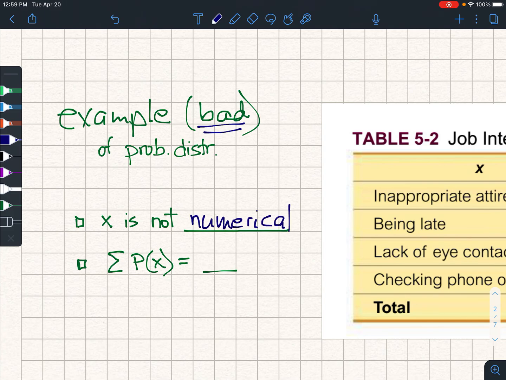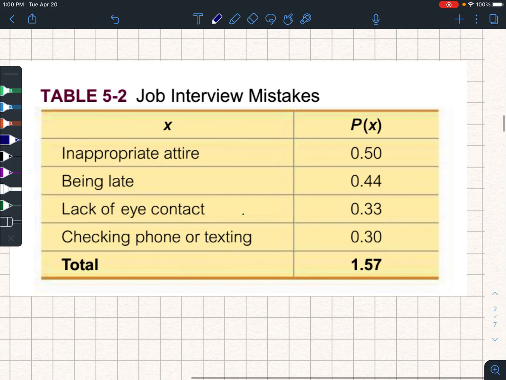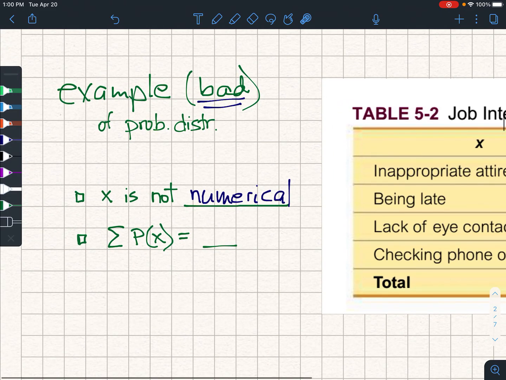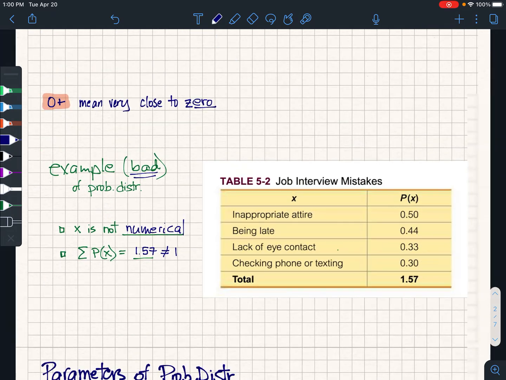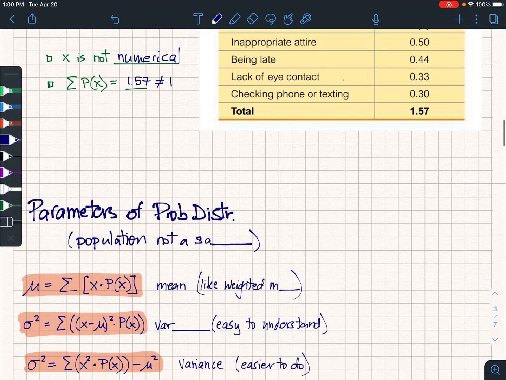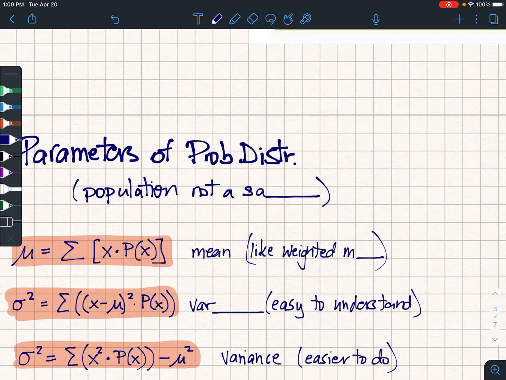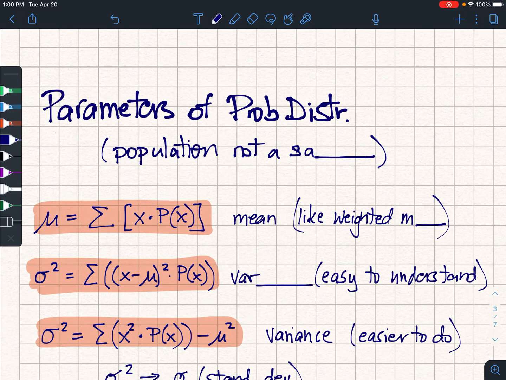And then finally, another reason, if that wasn't enough, if I add these up, I get 1.57. I don't get 1. So the summation is 1.57, which is not 100%. And they'll ask you to notice that in the problems.